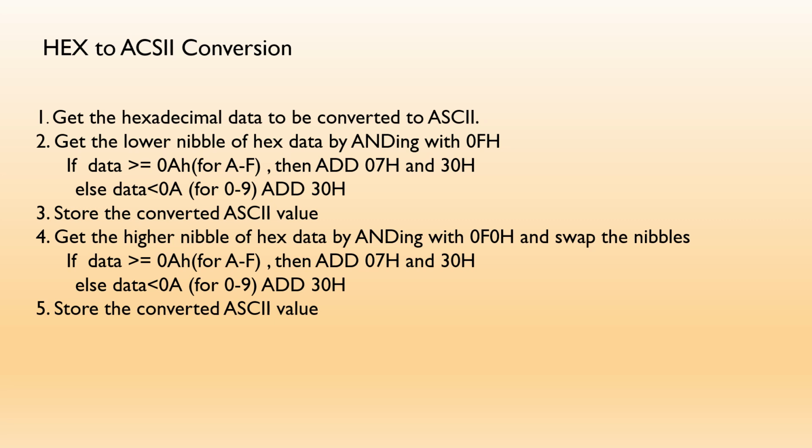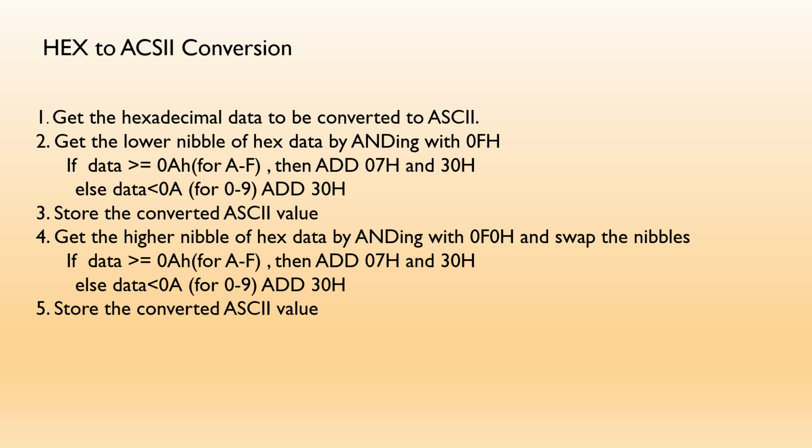Here the hexadecimal data we are considering is 8-bit data. In 8-bit data we have 2 digits. For the corresponding 2 digits we are going to get 2 ASCII numbers. So first, similar to the BCD conversion, I'll obtain the lower nibble of the hex data by ANDing with 0F.